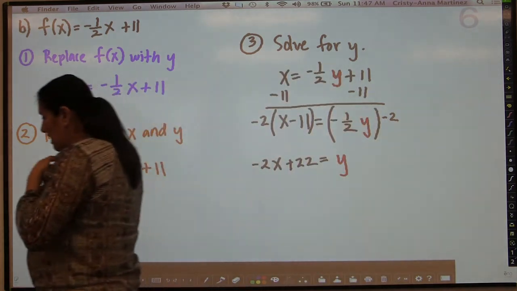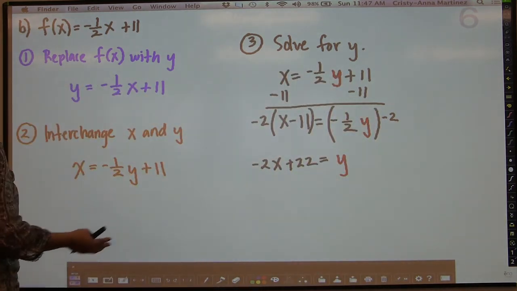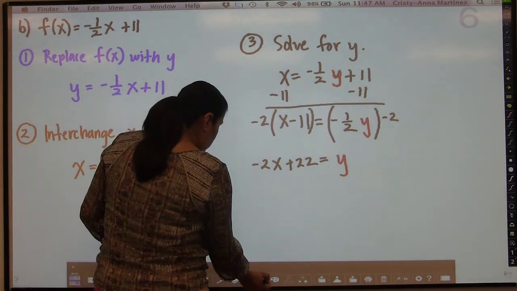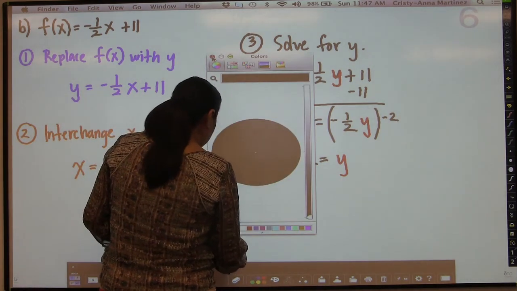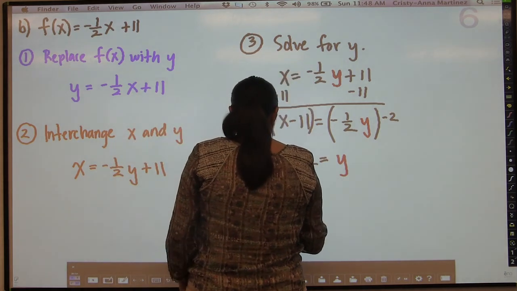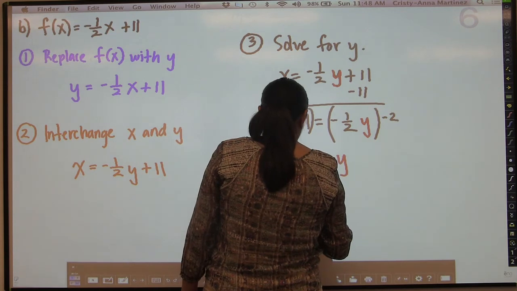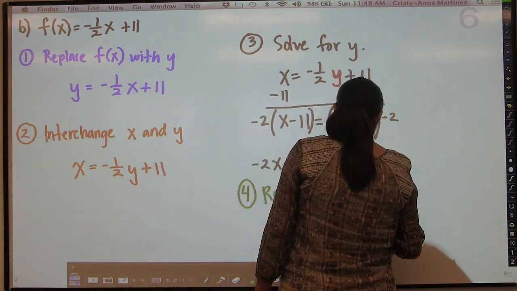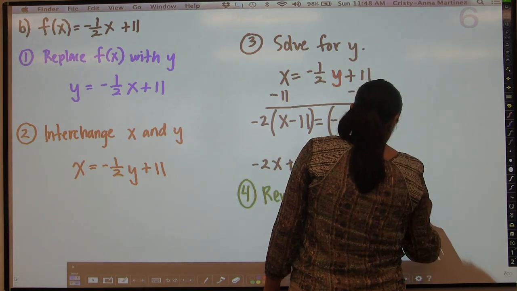And our last step is just to put the f of x notation back into the problem. So step 4 is going to be to rewrite with f inverse of x.